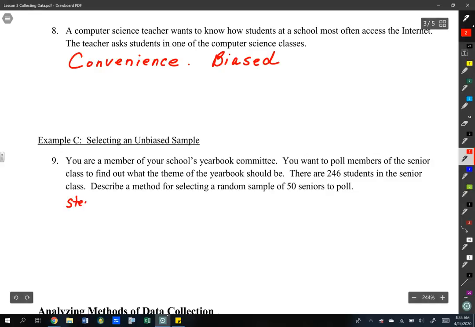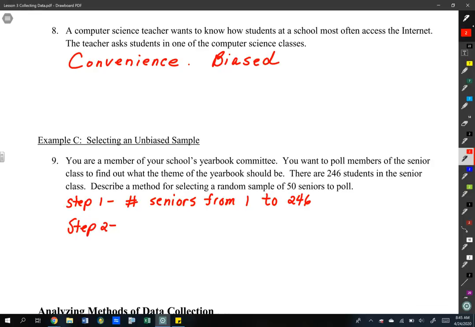We're going to have 3 steps here. In step 1, we're going to number each senior. We're going to give each senior a number from 1 to 246. In step 2, we're going to use our calculator feature, the randint feature, to generate 50 numbers from 1 to 246. Now, you've seen me do that in class.